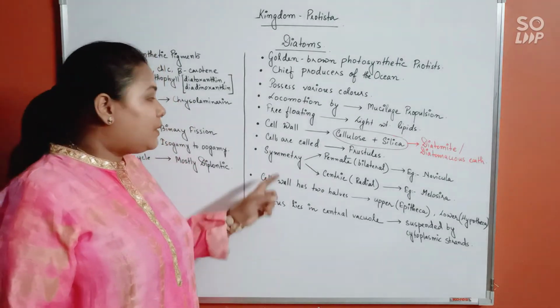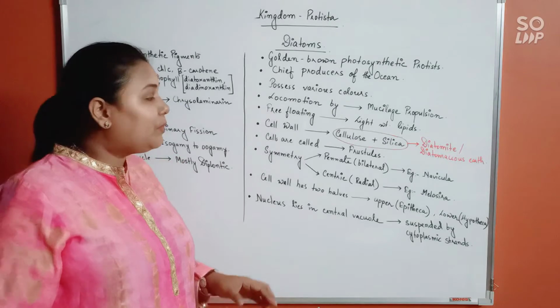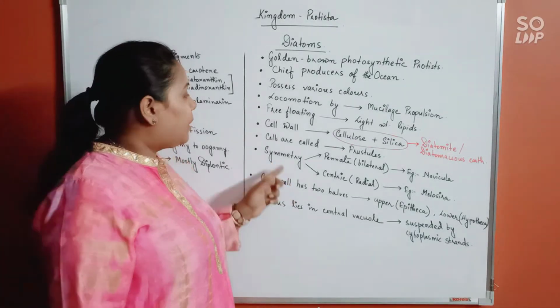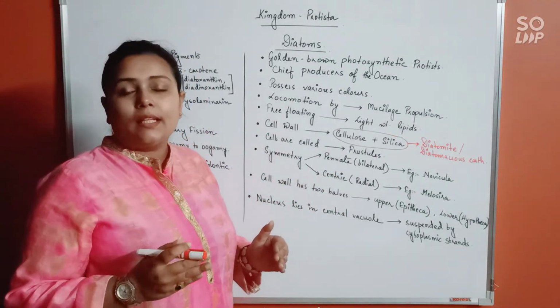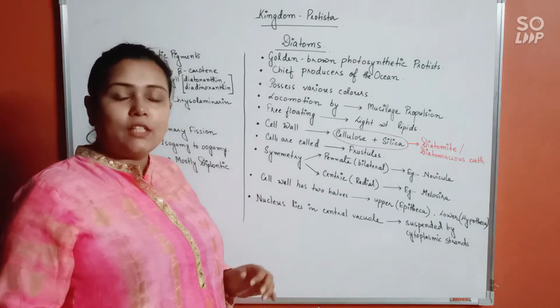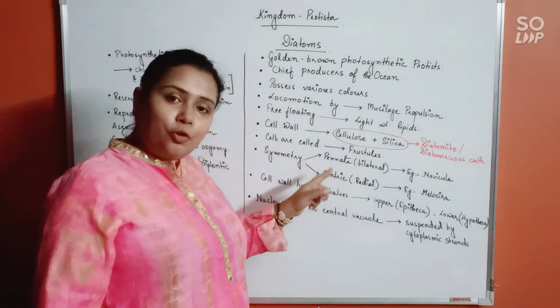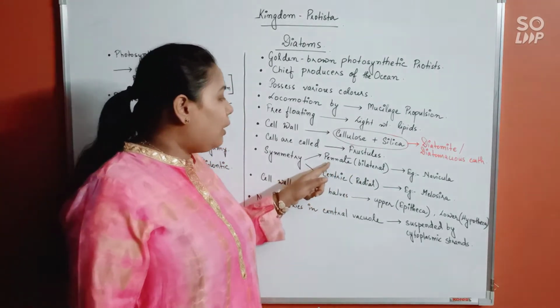Now, the cells of the diatoms are known as frustules, okay? And the frustules come in two types of symmetry. One is bilateral, that means the cell can be divided into two equal halves from only one plane. That's called bilateral symmetry. Also, in case of frustules which are bilateral, we have a term for that, that's called pinnate.